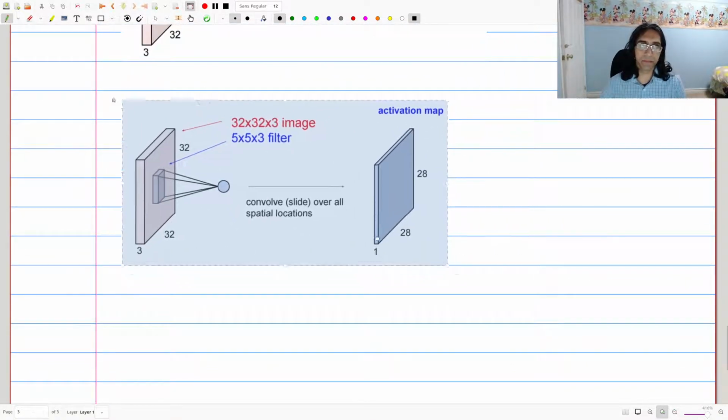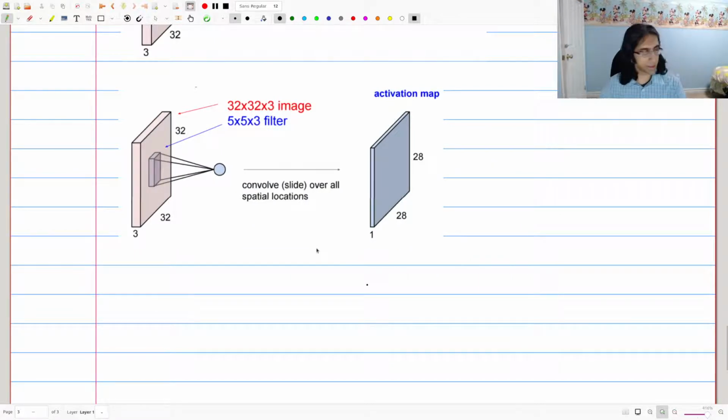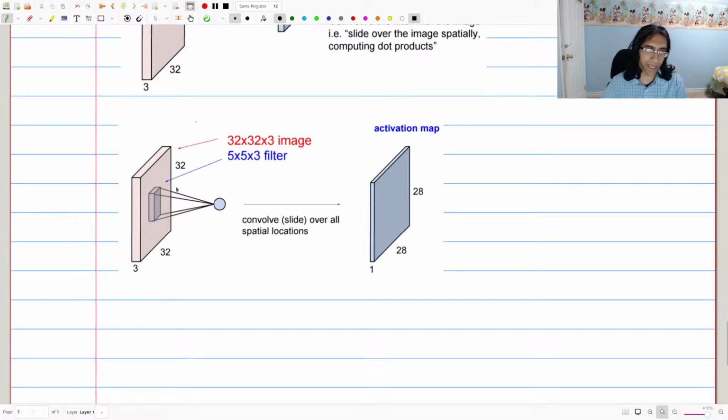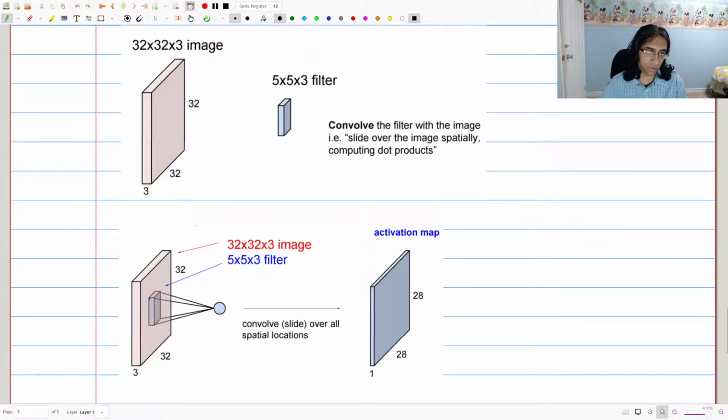Basically you can see here that all we're doing is taking this filter and sliding it over this input, and you take the dot product at each position, and that just gives you one single value. One thing I'll notice is that before we were just talking about 1D filters and 1D images, but when you have a 3-channel image, you also have to have a 3-channel filter, because otherwise it's not clear how you'd take the dot product, since it has to overlap with the entire thing.